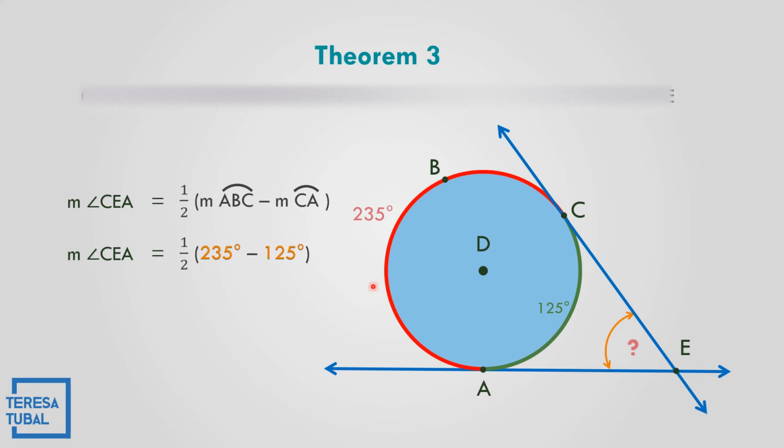The arc ABC is equal to 235 degrees, and the measure of the arc CA is equal to 125 degrees. 235 degrees minus 125 degrees, the answer is equal to 110 degrees. 1/2 times 110 is equal to 55 degrees. So the measure of the angle CEA is equal to 55 degrees.